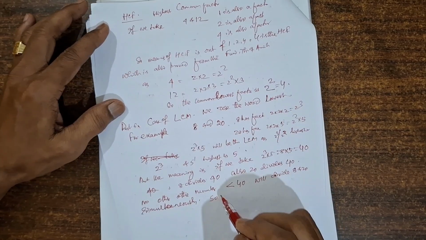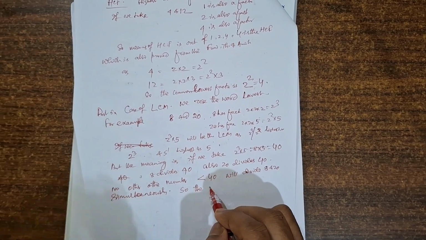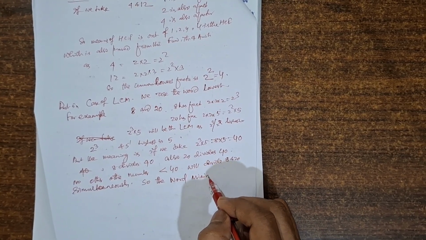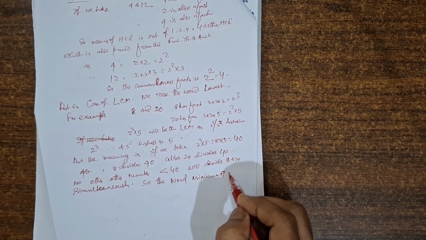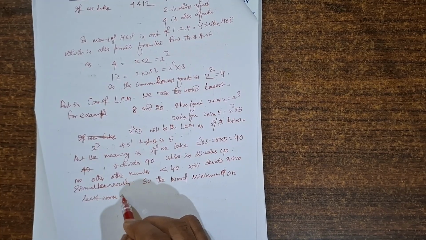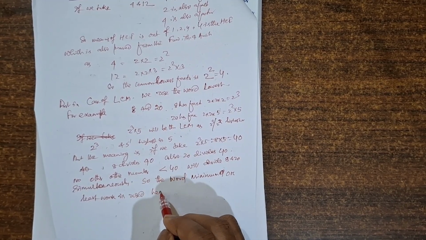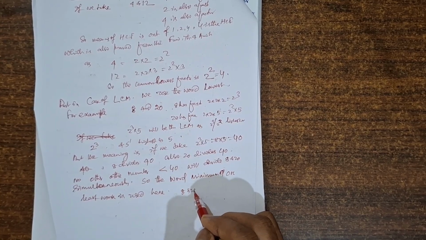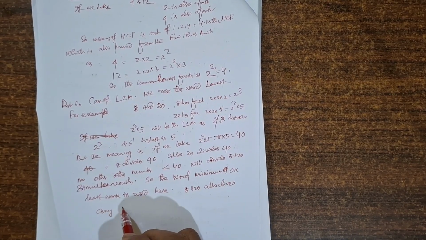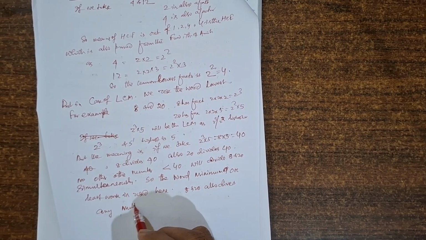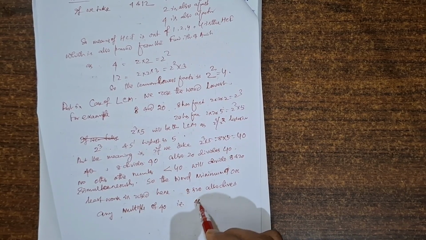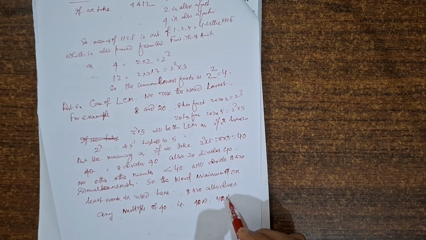So the word minimum or least is used here. 8 and 20 also divide any multiple of 40, i.e. 40 into 2, 40 into 3, and so on.